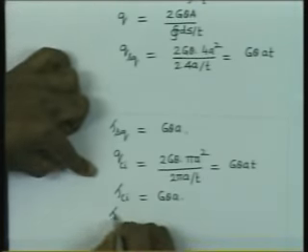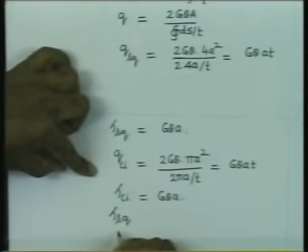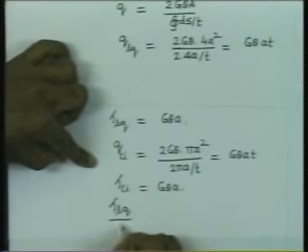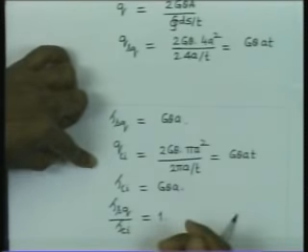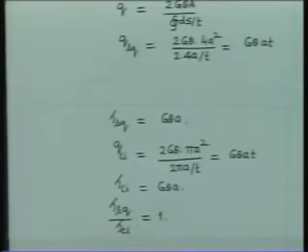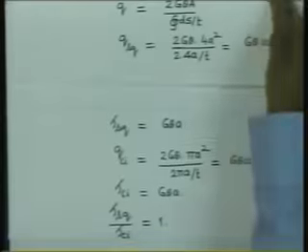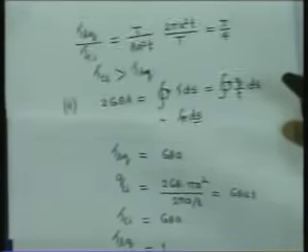Hence, the ratio tau square by tau circle is equal to unity. So, for the same angle of twist, you find that the stresses in the two sections are going to be the same, whereas in the case of same torque we have seen that the stress in the circle is going to be higher.